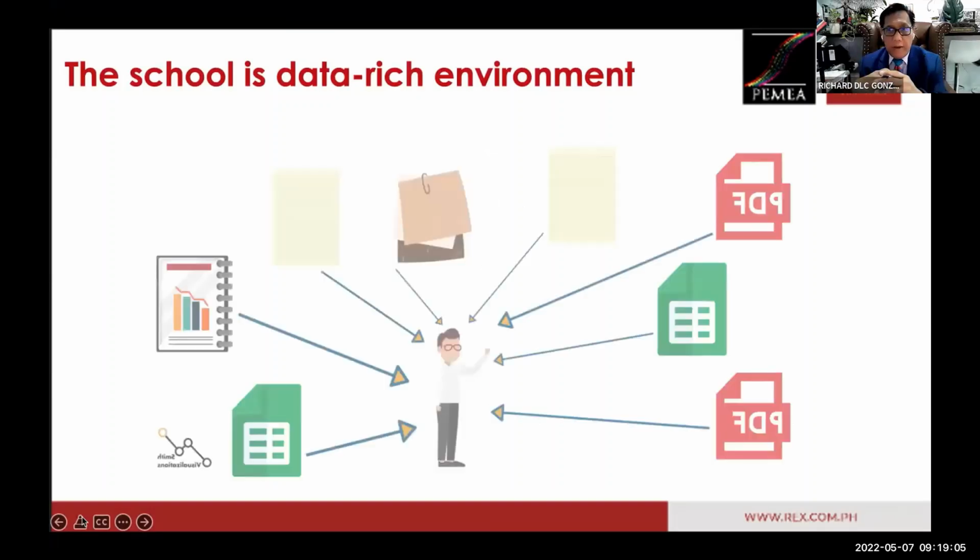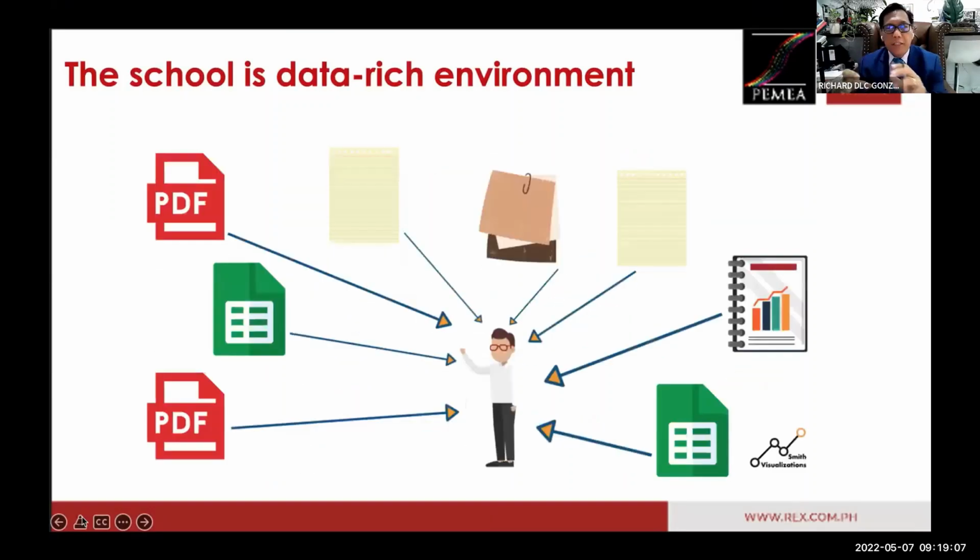School is a data-rich environment. Education decision makers have access to a wealth of information from students, teachers, administrators, staff, and even parents and community.